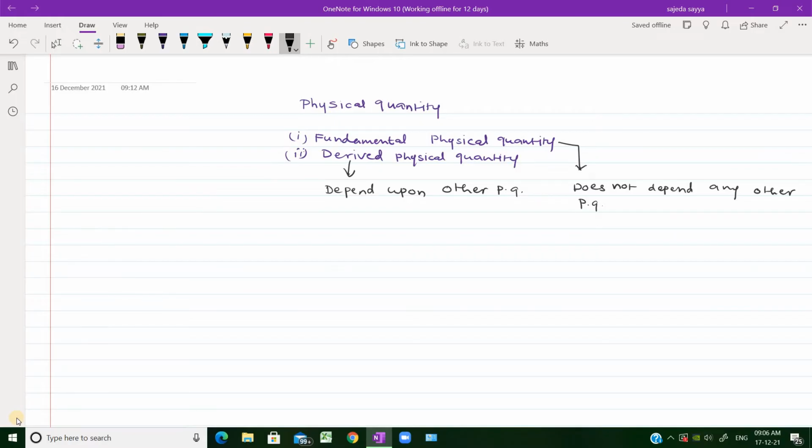In addition to derived and fundamental, there are 2 more supplementary physical quantities. They are related to angle. So first, it is fundamental.